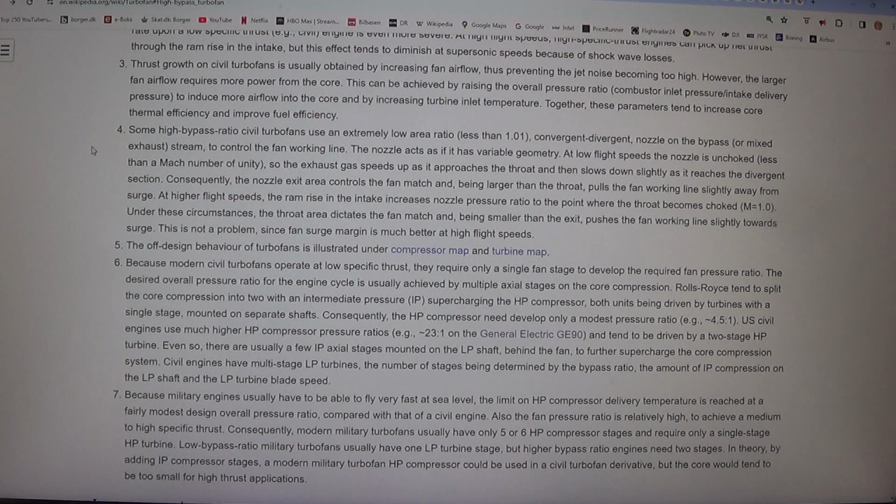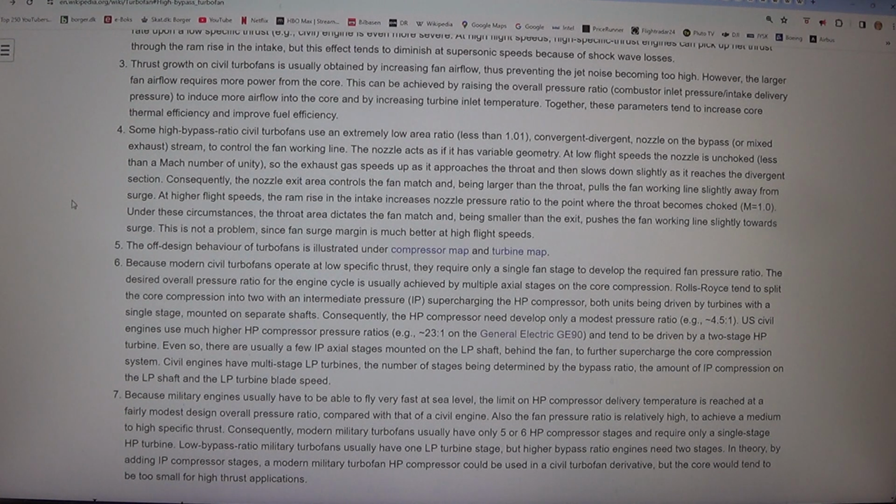At low flight speeds the nozzle is unchoked, less than a Mach number of unity, so the exhaust gas speeds up as it approaches the throat and then slows down slightly as it reaches the divergent section. Consequently, the nozzle exit area controls the fan match and, being larger than the throat, pulls the fan working line slightly away from surge.